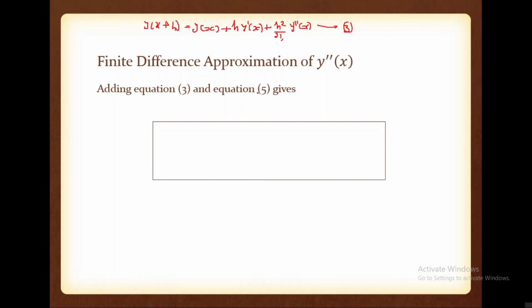Now what is equation number 5? The Taylor series expansion of y of x minus h.